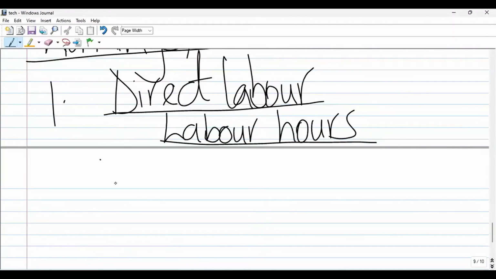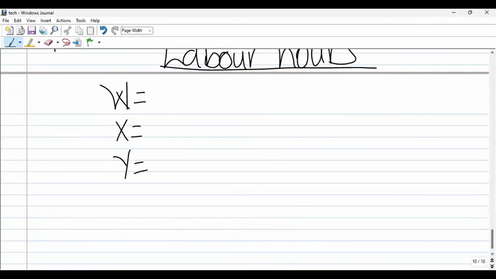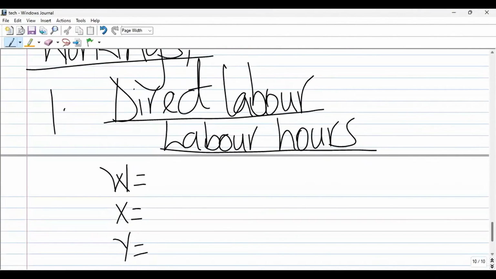Now we come and write our products. We have W, X, Y, Z. This helps your work to be understandable and also organized. So labor hours are the ones we need. But the labor hours they have given us are per unit.